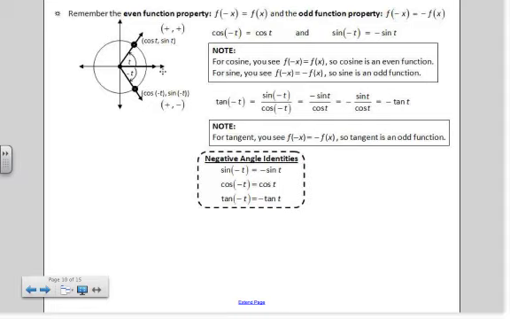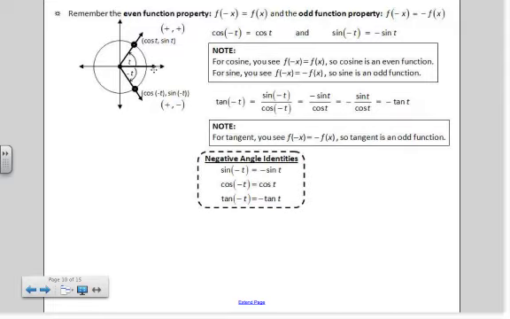Okay, so let's talk about even and odd functions. We know that for even functions, when you plug in a negative x into the function, you get the original function back. And for an odd function, when you plug in a negative x, you get the negative of your function. So when we plug in a negative angle to cosine, that's the same as finding the angle going the opposite direction on the unit circle.